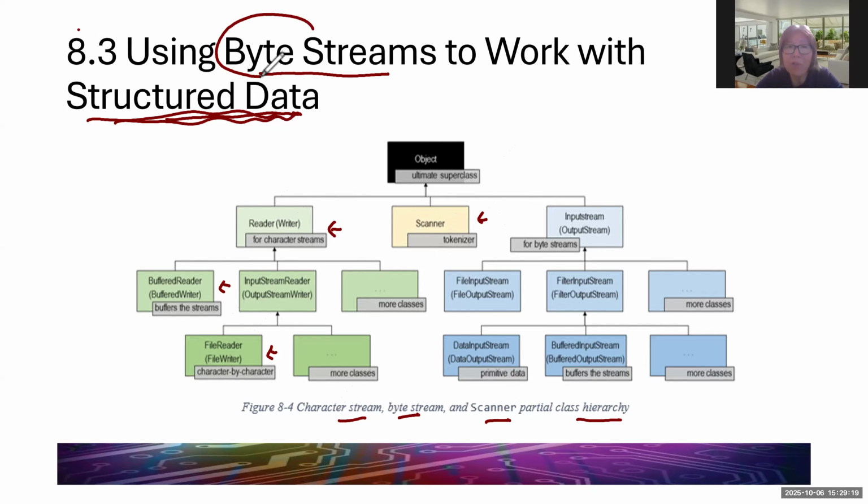For the byte stream, for structured data, we are going to use input and output stream, those for bytes. Of course, we also need file input and file output. And for primitive data types, we can use data input and data output. Same thing, we can also use buffered.